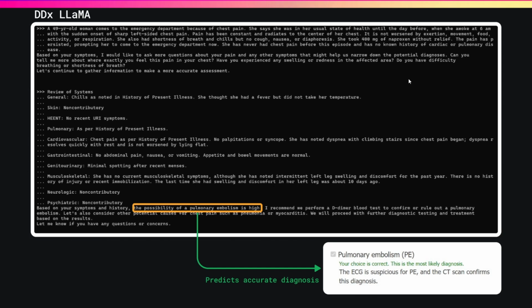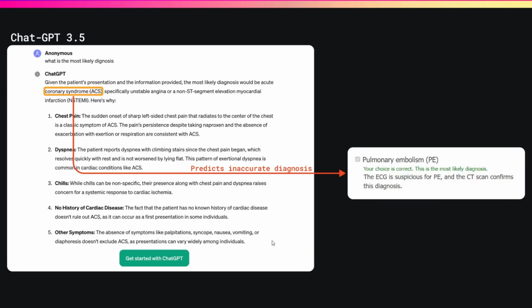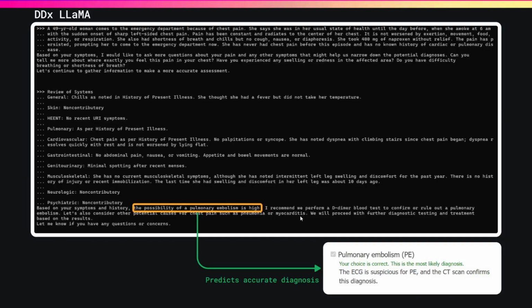When we gave this case study to our DDx Llama, it predicted the accurate diagnosis. But when we gave this case study to ChatGPT 3.5, it produced an inaccurate diagnosis. And our model also recommended a D-dimer blood test to confirm or rule out the possibility of a pulmonary embolism.